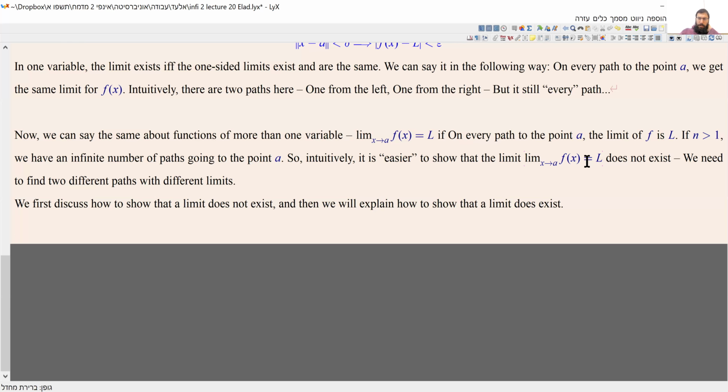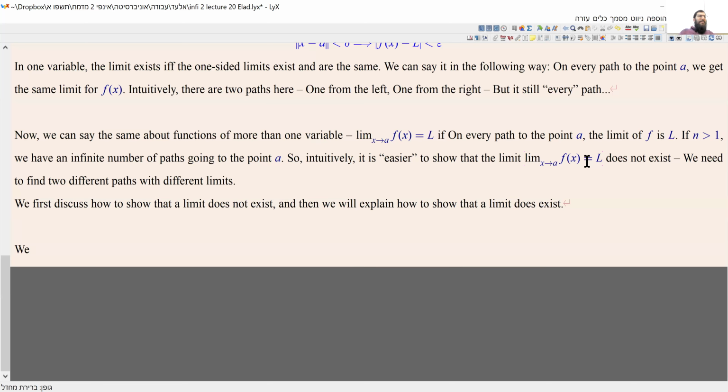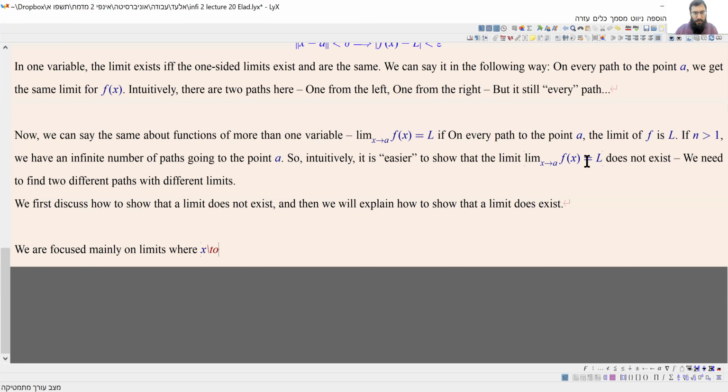Okay, so we focus. I'm not saying that every example will be that way, but it's the common type of examples. Many of them here in Nir's practice, homework, and in the final exams will be of that kind. We are focused mainly on limits where x goes to 0.